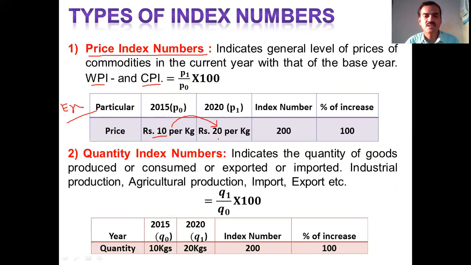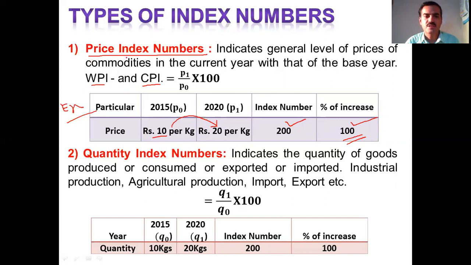If we calculate the index number, P1 divided by P0 into 100, that is 20 rupees divided by 10 rupees into 100, we get the index number 200. Next, if we deduct the base value 100 from this index number, we get 100. Therefore we say that there is a 100% increase in the price of this particular commodity from the year 2015 to 2020. This is how the price index number is calculated.